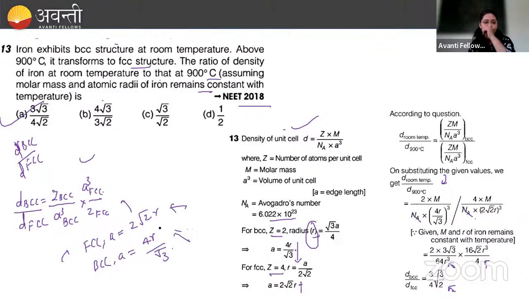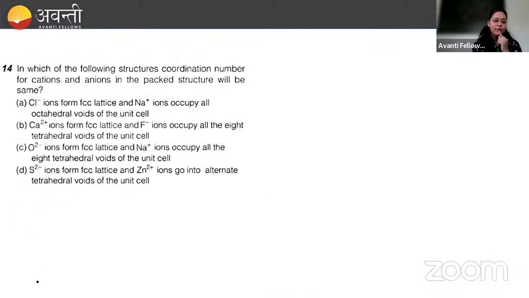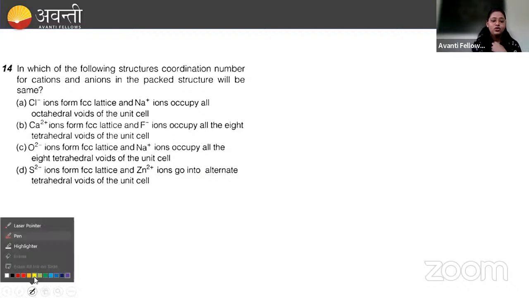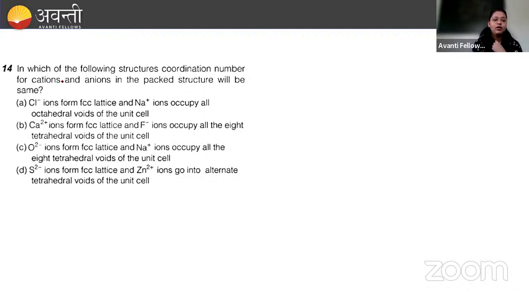Right? Next problem. In which of the following structures will the coordination number for cation and anion in the packed structure be the same? So here we need to consider which structure has the same coordination number. So when will it be the same? Option one: Cl minus ions form FCC lattice and Na plus ions occupy all the octahedral voids of the unit cell.